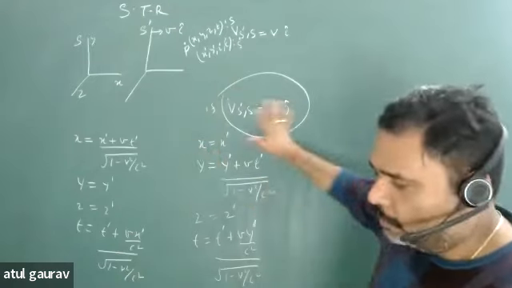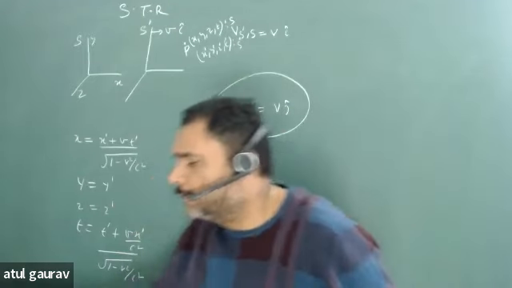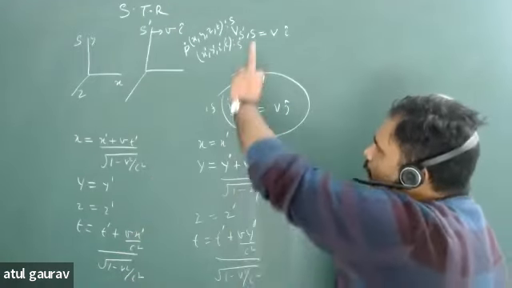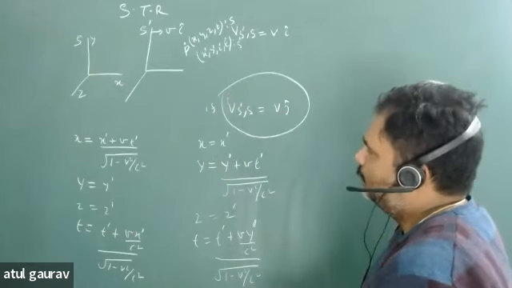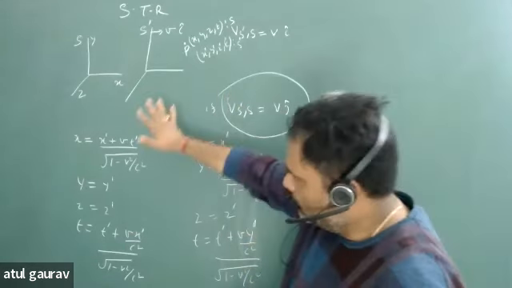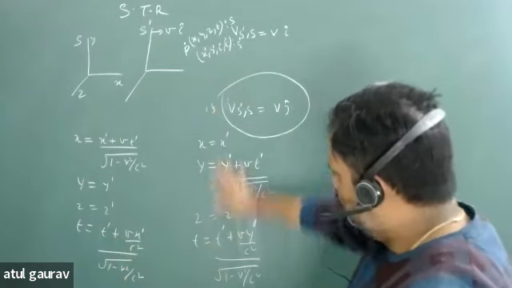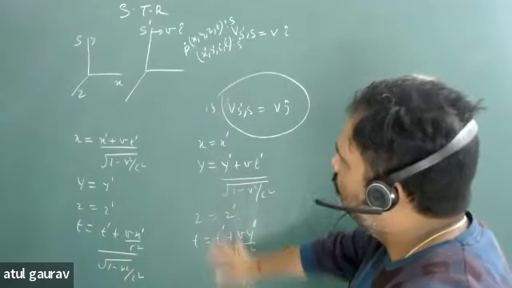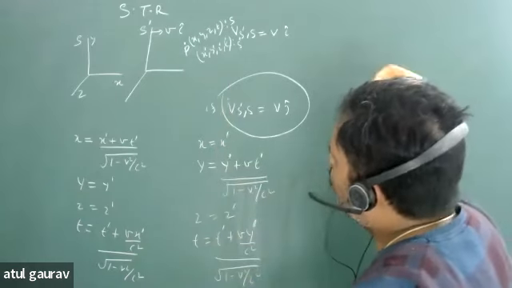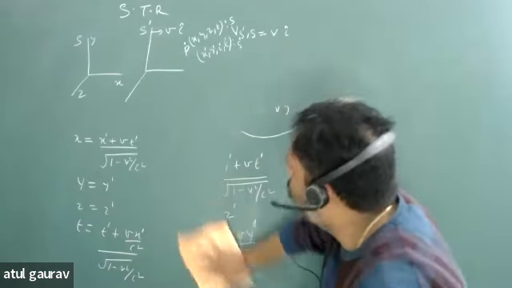This is just to give you the information about what will happen when S dash is moving in the Y direction. So this is your Lorentz transformation when S dash is moving in the X direction, and this is the Lorentz transformation when S dash is moving in the Y direction. Now look at what is going to happen.